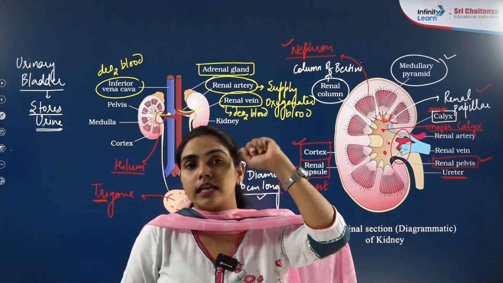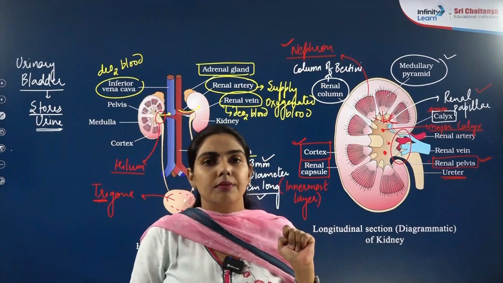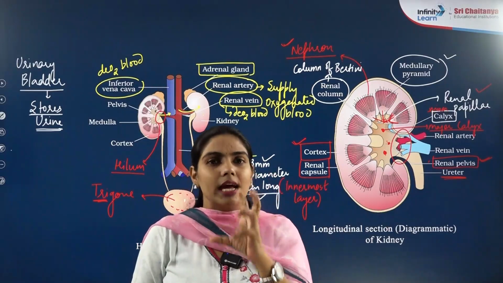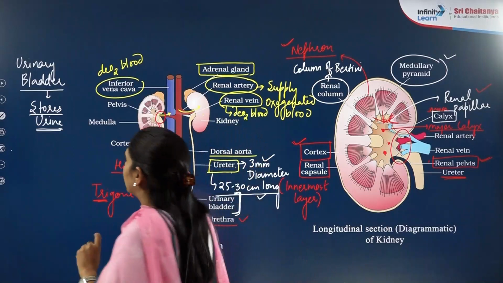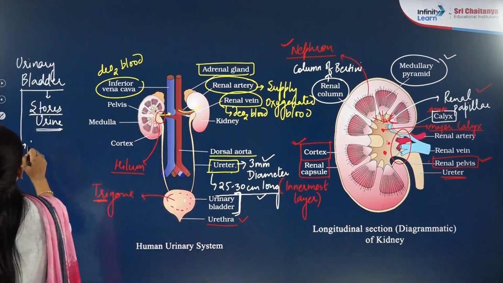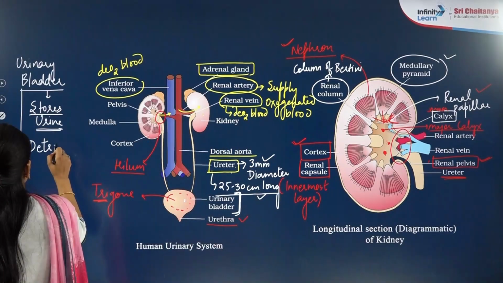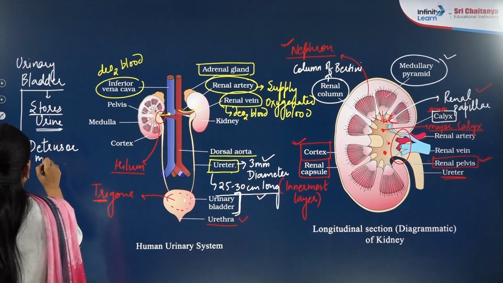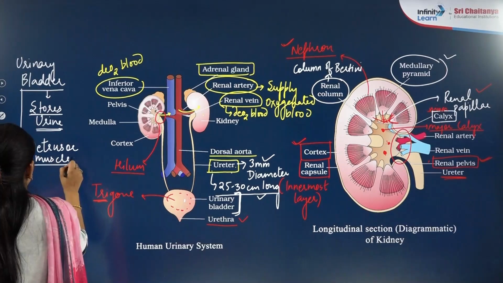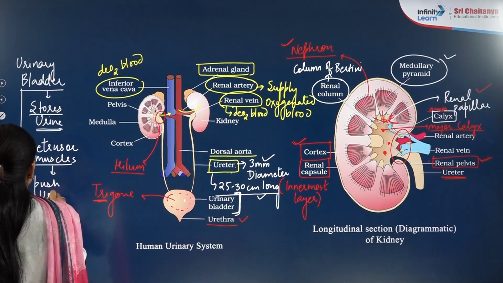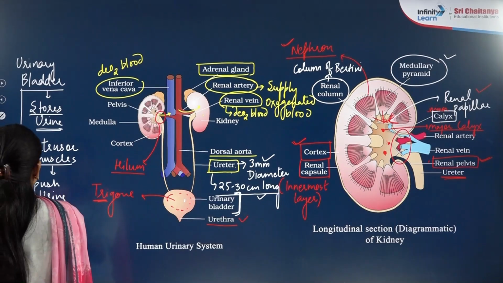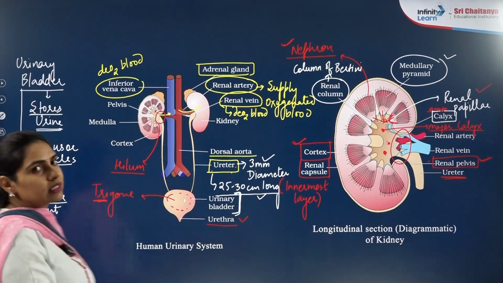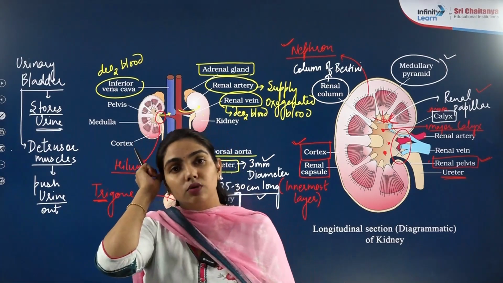So at that time, the signal is going to the urinary bladder muscles. Special type of muscles are present in the urinary bladder. They are known as detrusor muscles. They will push the urine. They will contract and they will push the urine out.